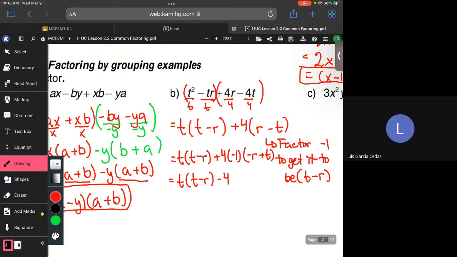What is another way I can write negative r plus t? Yeah, t minus r. So what is my final factored form then? T minus r, bracket, and t minus 1. Yep, perfect.